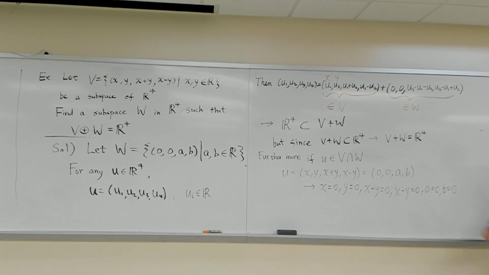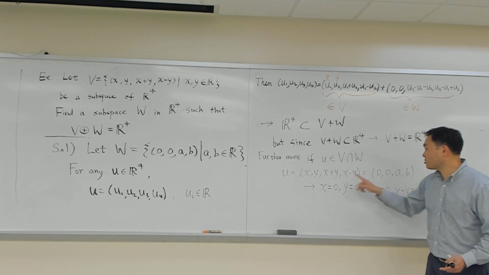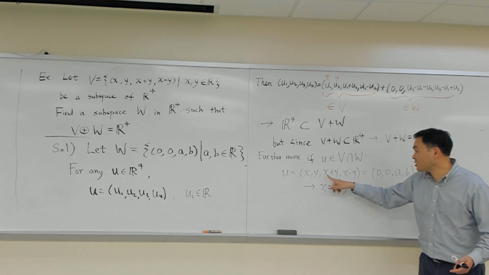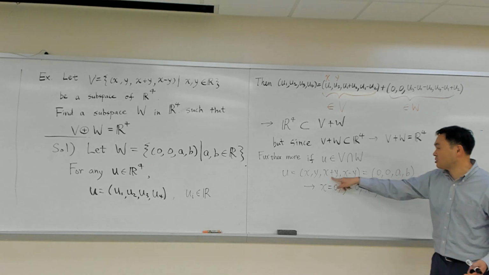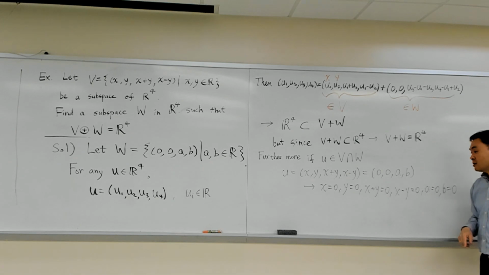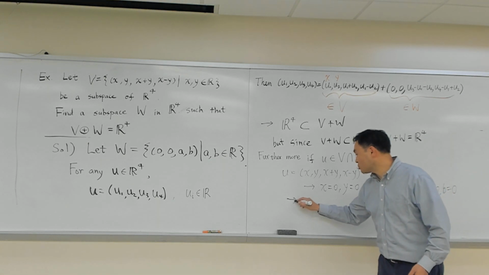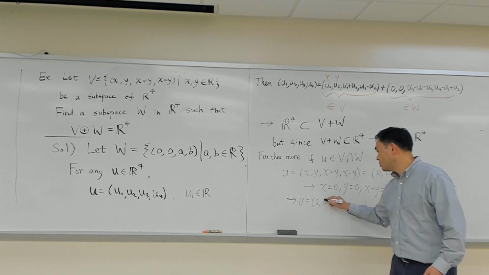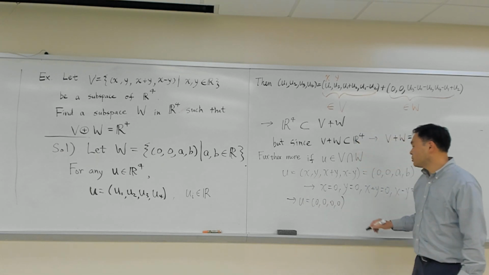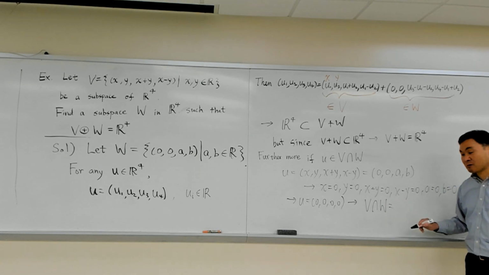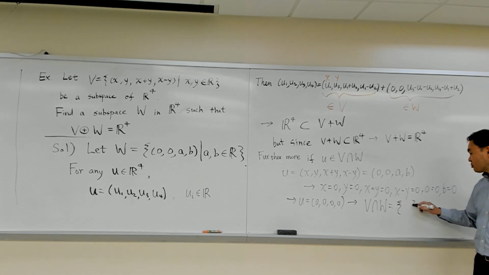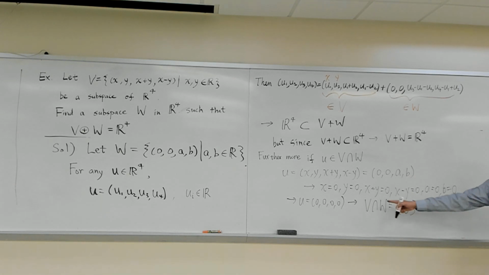See, 0 has to be x, 0 has to be y. If that's true, then x plus y is of course 0, x minus y is 0, but if these are both 0, then A has to be 0, B has to be 0. Okay, so we have shown that U is equal to 0. Which means V intersection W has only one element, because anything you choose from here is always 0. V intersection W is 0.